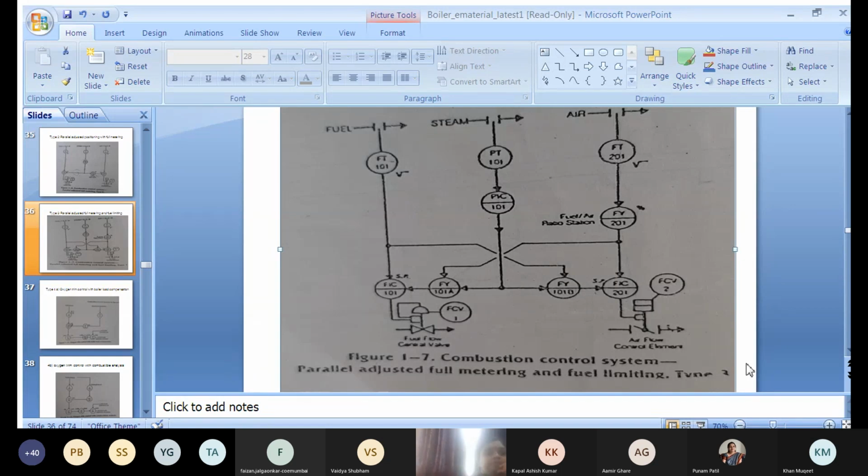Yes, who will explain? You have to read the diagram, what is represented in the diagram. A little bit. I am not asking you to explain the control scheme. What is visible in the diagram?